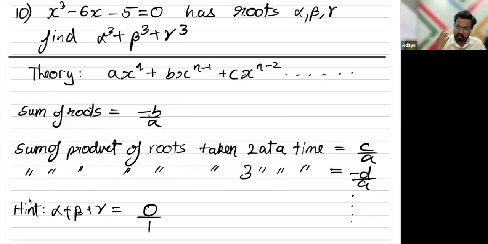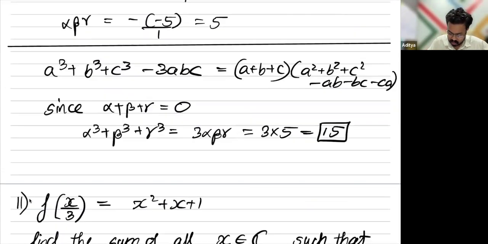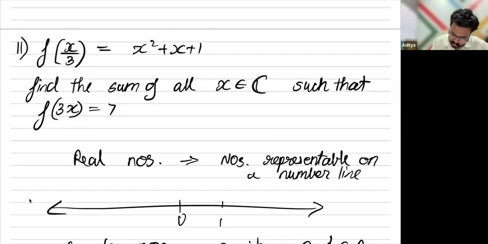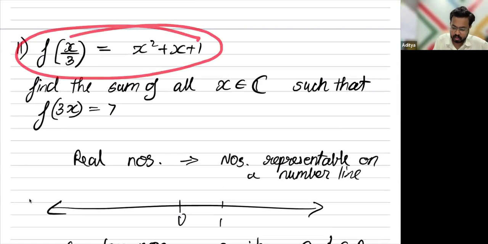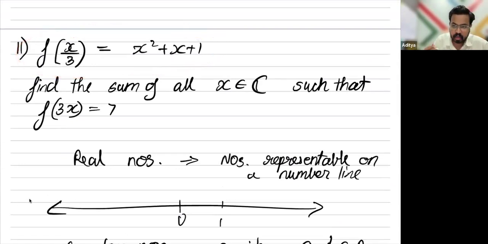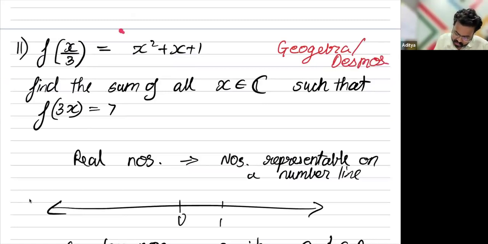Sometimes equations don't have real roots. For example, try plotting this equation itself. You might have heard about some software, GeoGebra or Desmos. Try plotting this exact equation, or just try plotting y equal to x square plus x plus 1.